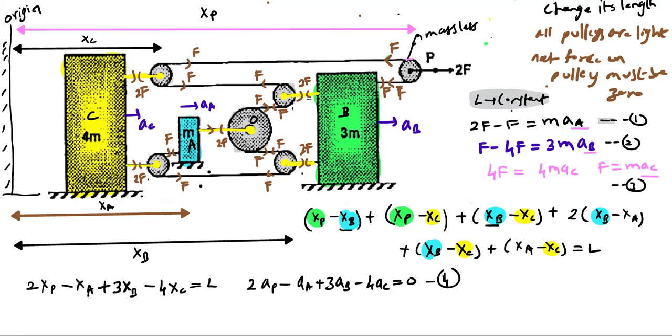We need acceleration of pulley P. So this will be 2 times of AP. Acceleration of block A will become 2F minus F. This will be F equal to MA only. So acceleration of block A will be minus F by M.